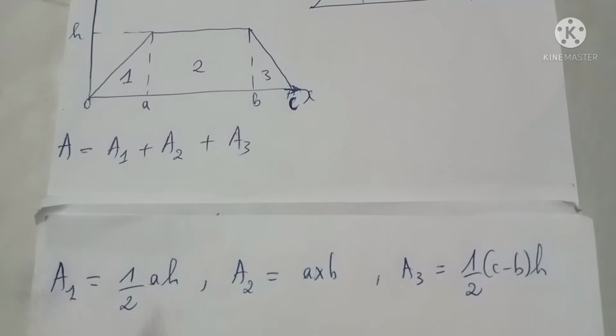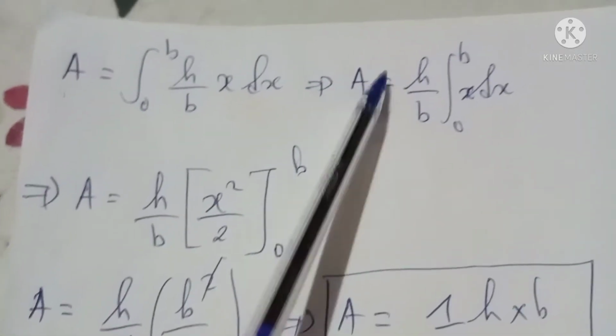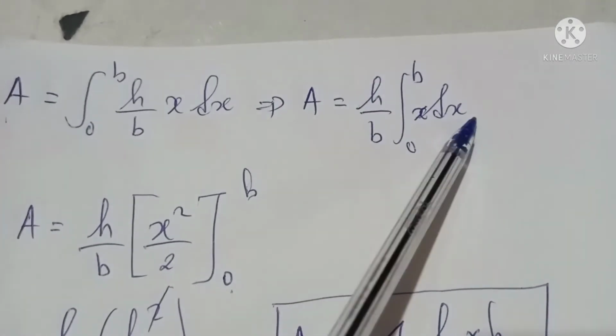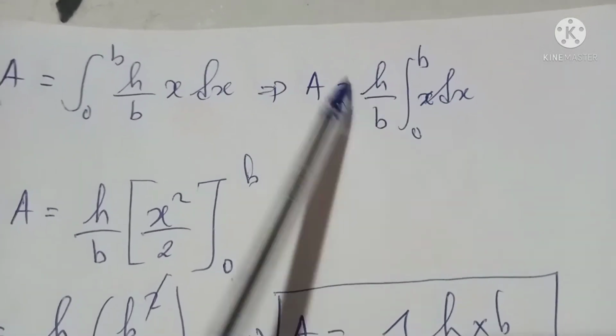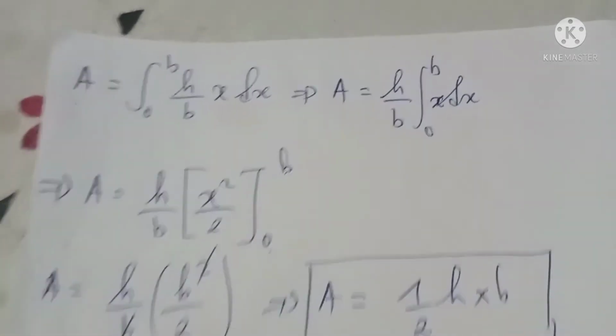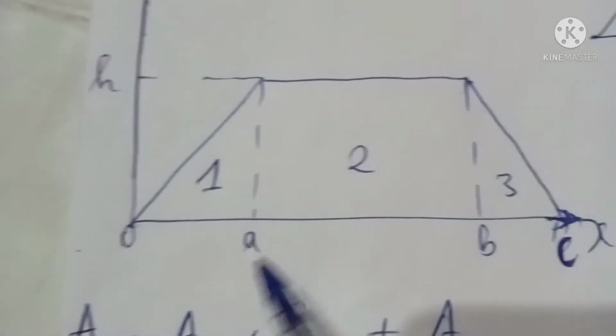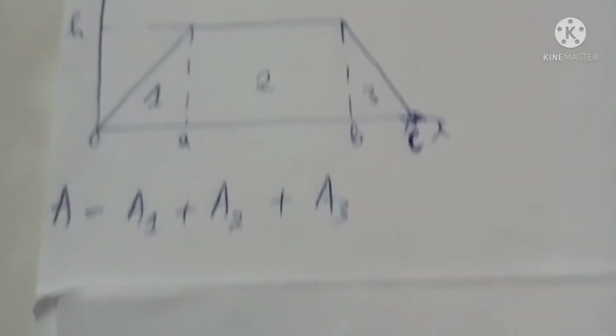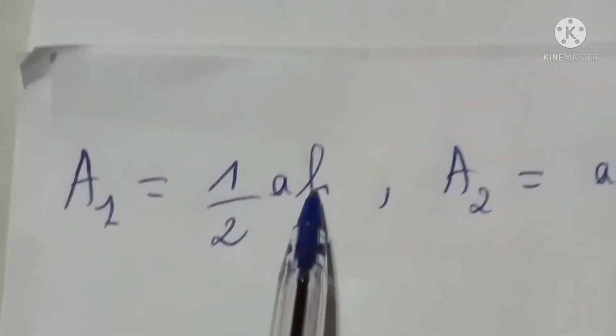How was this obtained? Let's go back to the area of a right angle triangle, where I said A is equal to h on b, integral from 0 to b, x dx. But at this level, you see that we are integrating from 0 to a. So that is why a has replaced b. That's why we now have area of surface 1 equals half a h.